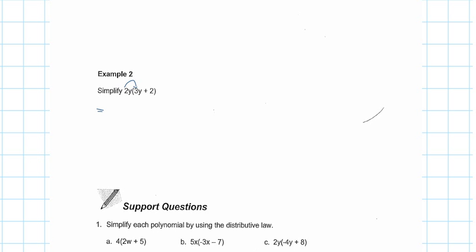Let's look at what happens here. Okay, eyes on me. So I have 2y times 3y. Yes? So when I multiply the two terms, the 2 and the 3, they multiply. So 2 times 3 gives me 6. And the letters, because they're the same letter, I have y times y. We talked about exponents.